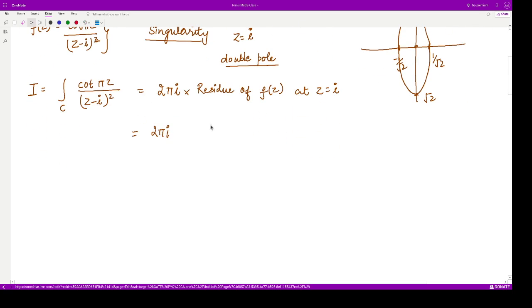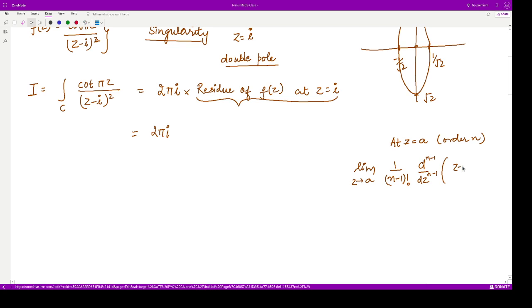For that you must know the formula for calculating residue. If you are calculating the residue at some point, say z equal to a, having order n, the formula is: you take the limit as z goes to a of 1 by (n minus 1) factorial, and then the (n minus 1)th derivative of the function (z minus a) raised to power n into f(z).